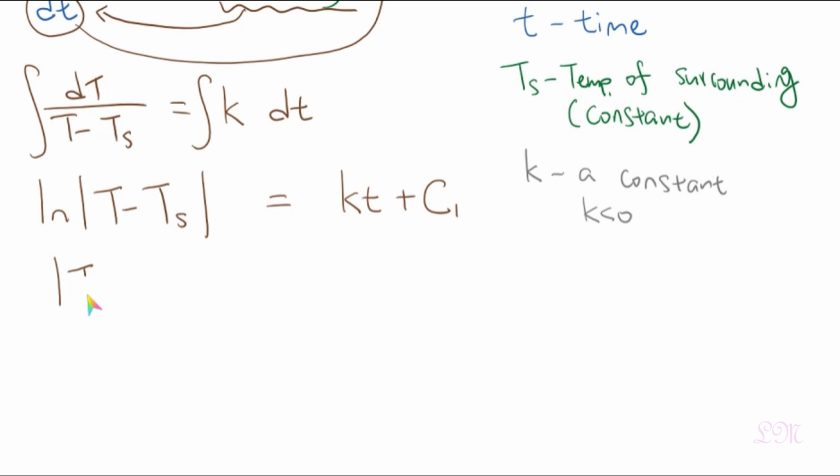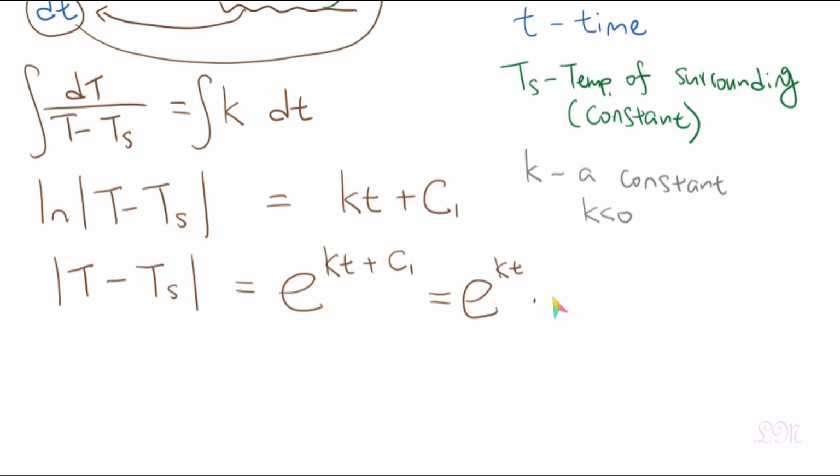Now rewrite this log equation as an exponential equation, so the absolute value of T minus T sub s is equal to e to the kt plus c sub 1. Using properties of exponents, this is actually equal to e to the kt times e to the c sub 1.